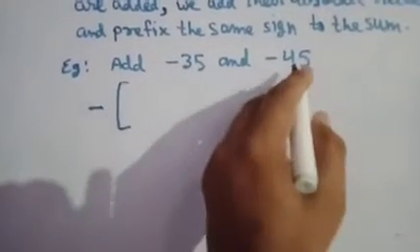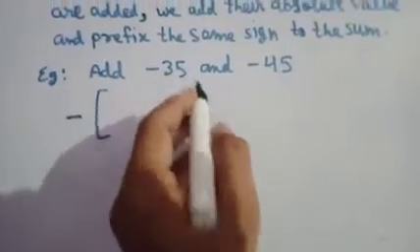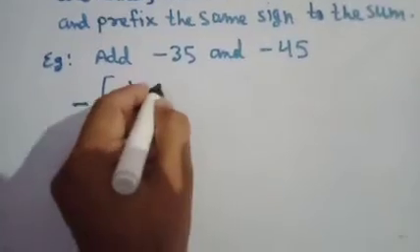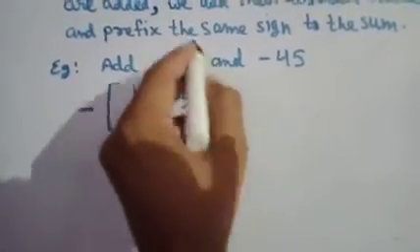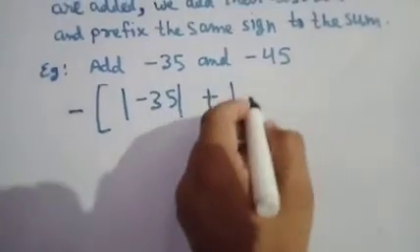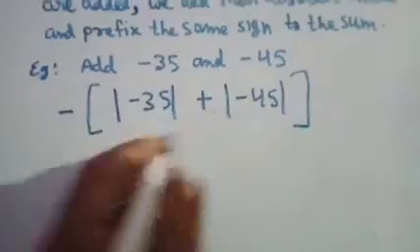Inside the square bracket write the absolute value of minus 35, the symbol of addition, and the absolute value of minus 45. Close the square bracket.